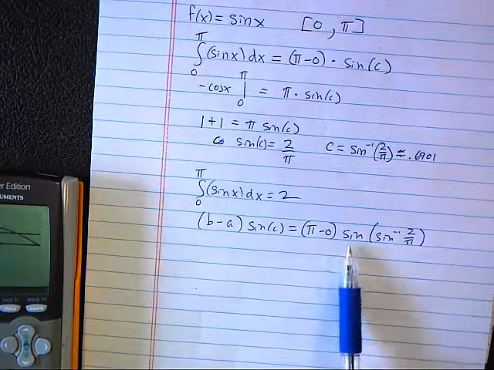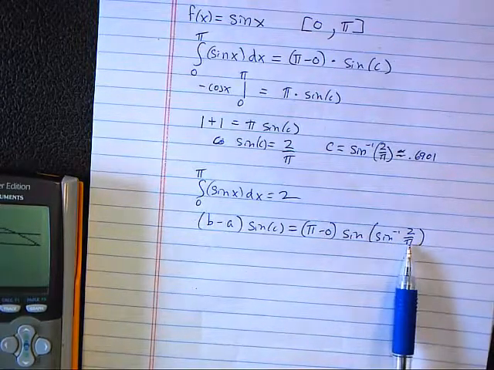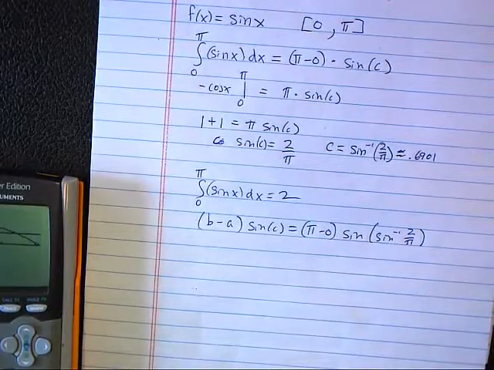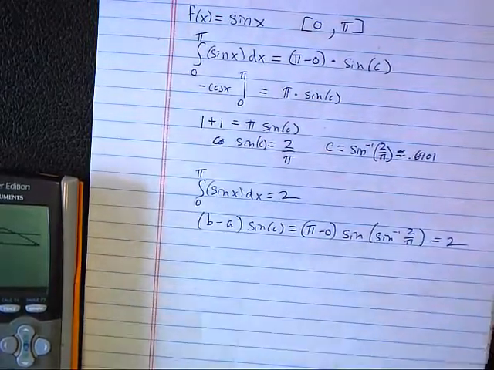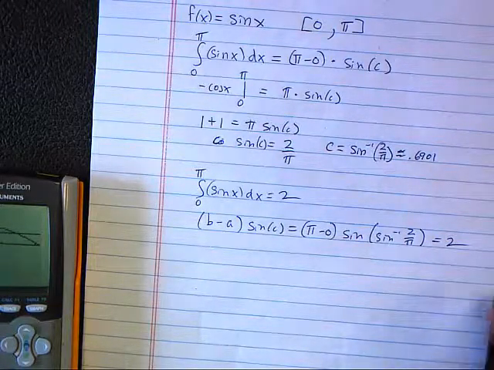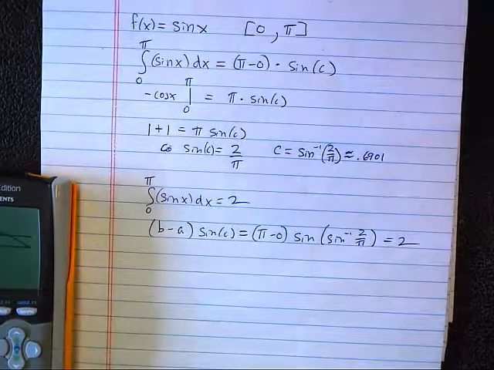But what's the sine of the sine inverse of 2 over pi? It was 2 over pi times pi. 2. The pi's cancel. So it certainly does work. We found the right answer. Questions on that one?